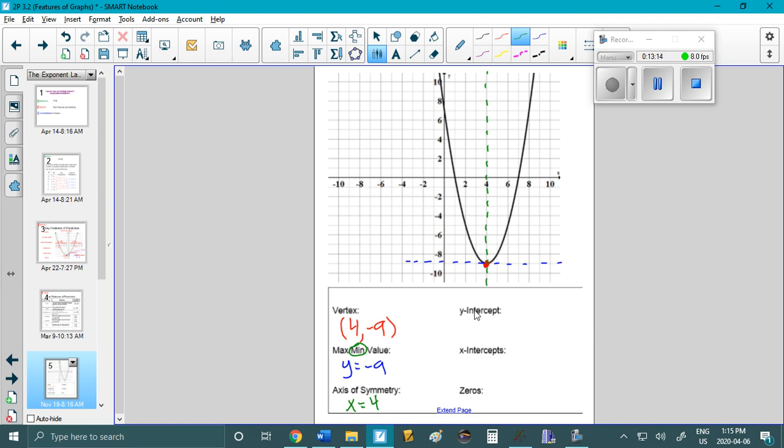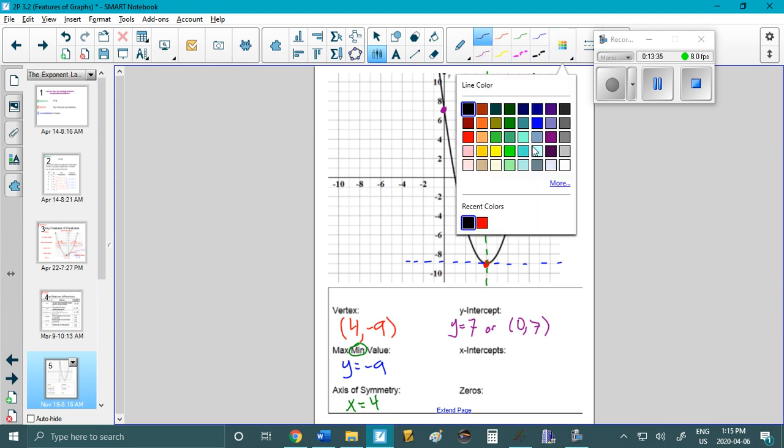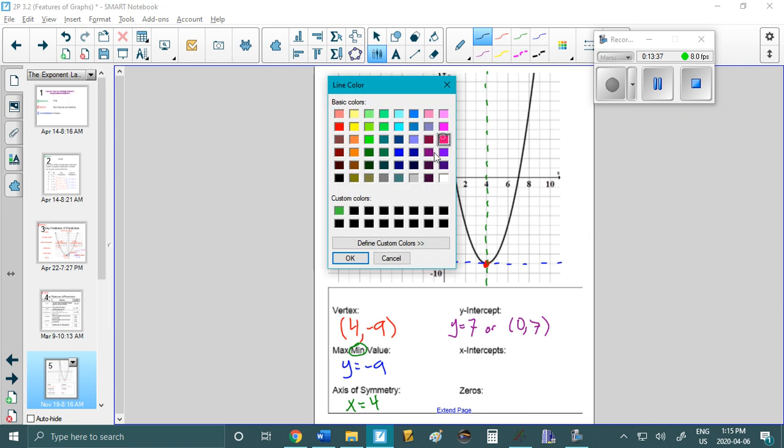Okay. The y-intercept, that's where the line crosses the y-axis. So it looks like it's about here. That looks like 7 to me, so we can say y equals 7, or we can write it as 0, 7. Okay, now the x-intercepts I will do in pink.